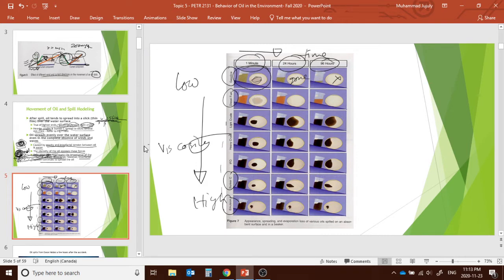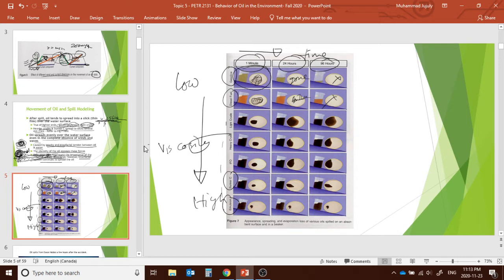Now in the case of diesel fuel, it spreads over the same area as the gasoline, very similar. After 24 hours, you'll find a little bit actually, but after 96 hours it will be totally gone.